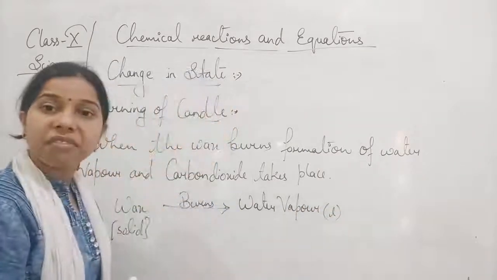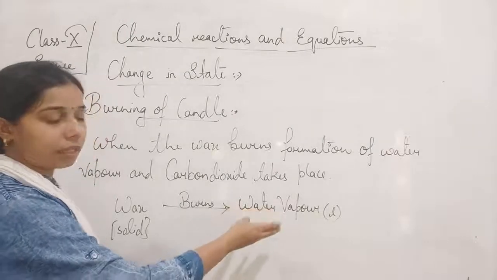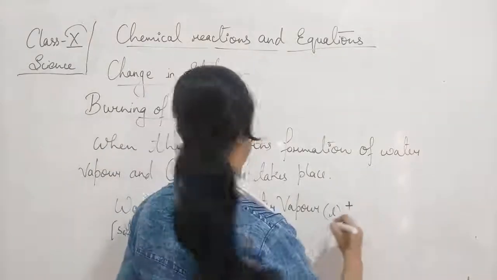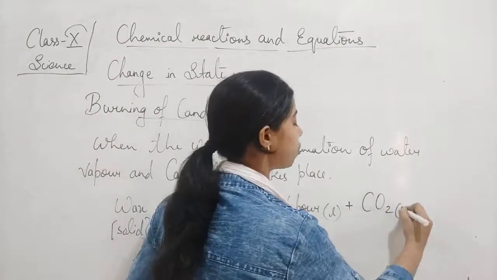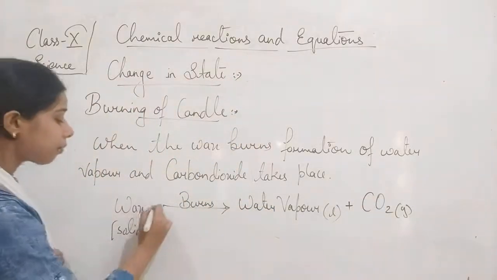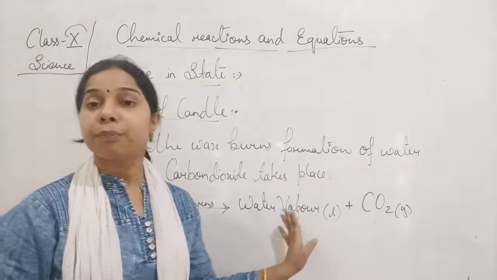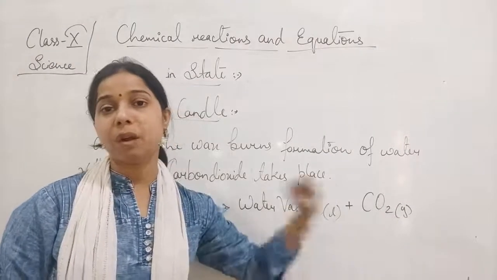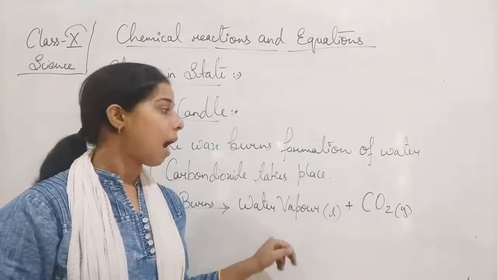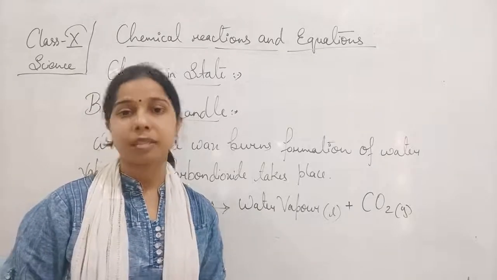We will include it into the liquid only, that is the small water droplets, and plus carbon dioxide CO2, which is in the form of a gas. So although this wax is in the solid state, the product that is formed due to the burning of this candle wax is the water vapor, which is in the liquid state, and carbon dioxide, which is in the gaseous state.